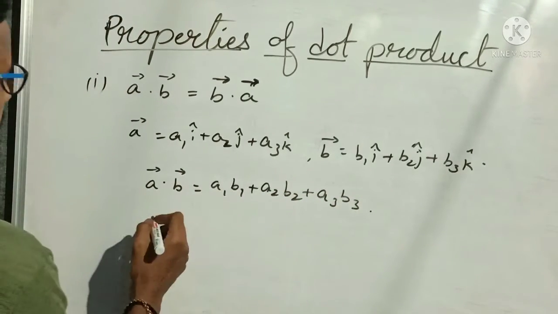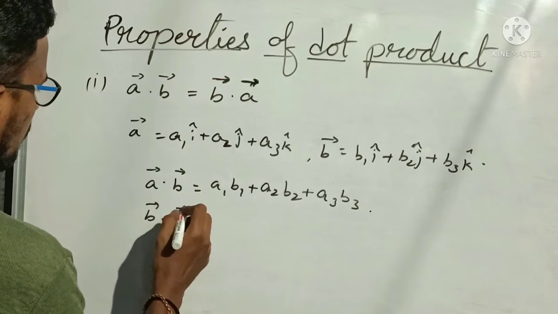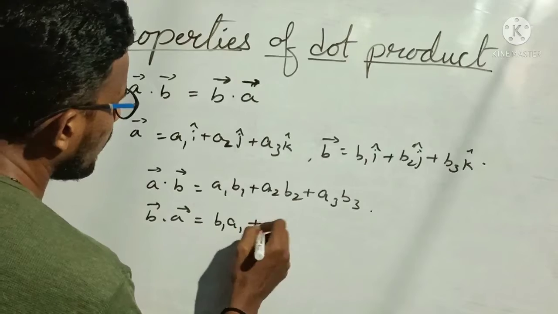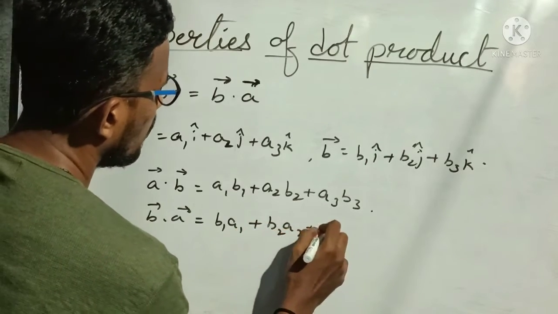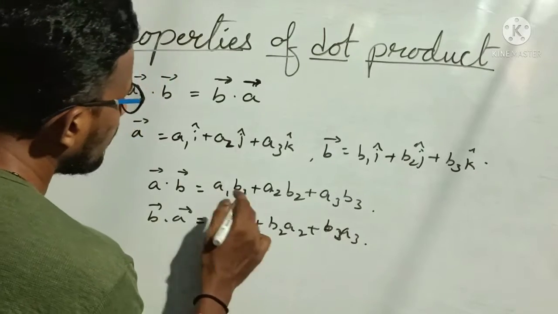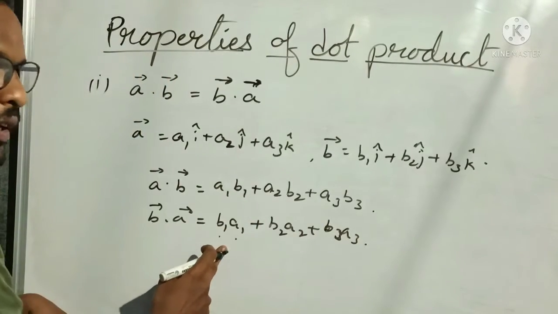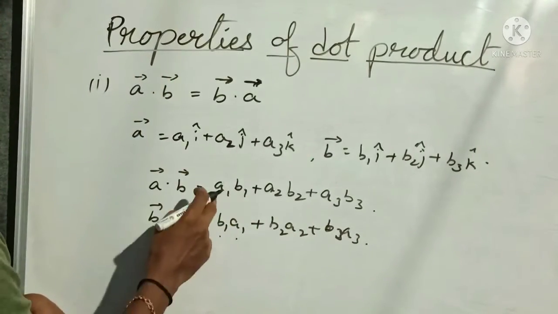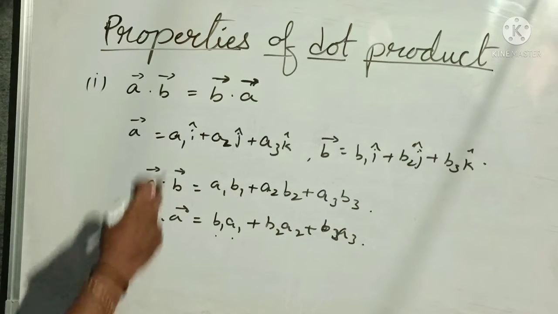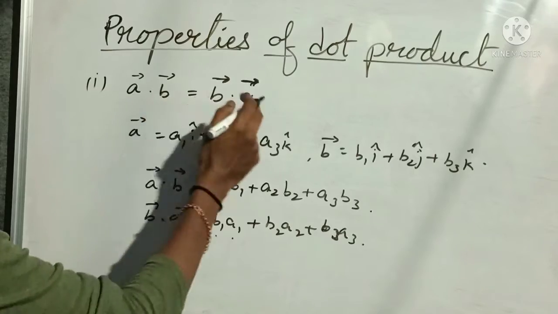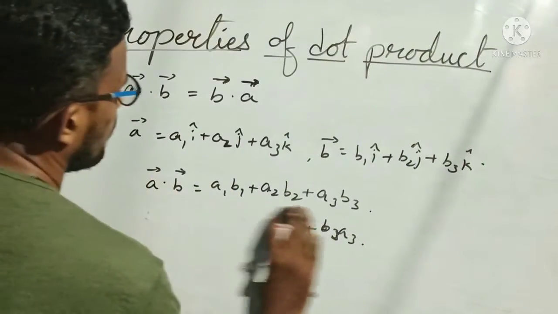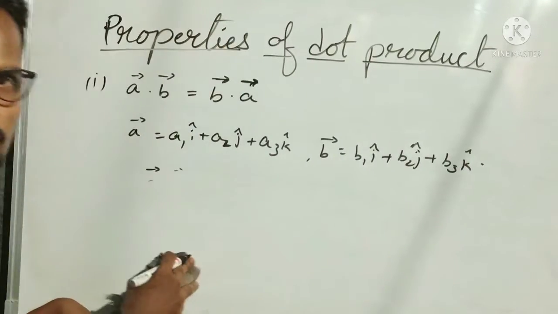In the same way, if I want b bar dot a bar, then this is equal to b1 a1, which is nothing but a1 b1, plus b2 a2 plus b3 a3. Yes, a1 b1 and b1 a1 both are the same multiplication, right? That's why a bar dot b bar is equal to b bar dot a bar. Understood? This is our first property. I hope everybody understood the first property, right?